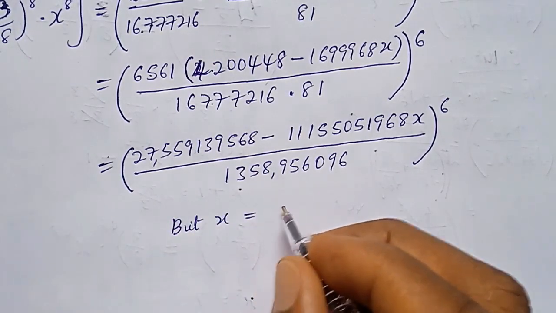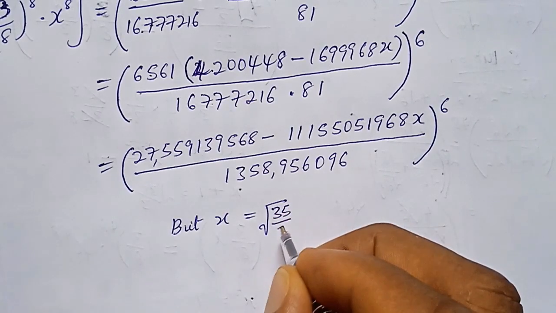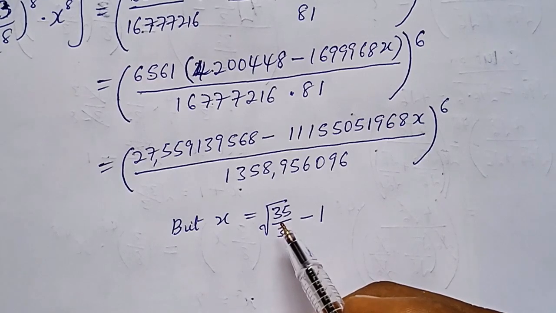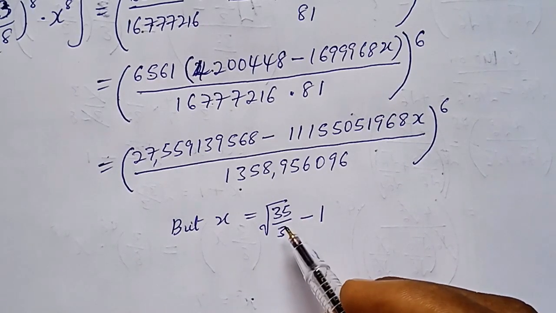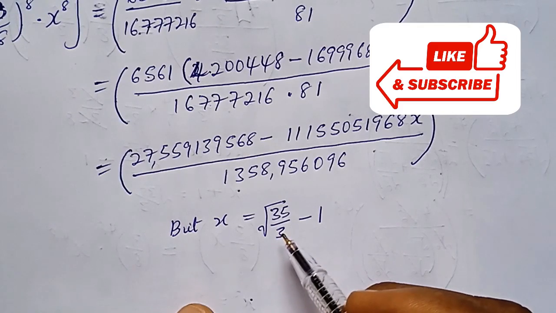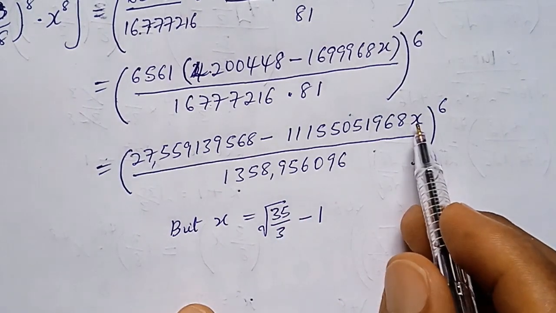Okay, but x equals what? Square root of 35 over 3 minus 1, if we consider what we derived x to be earlier. So this is x, and we are going to input this value into this x over here.